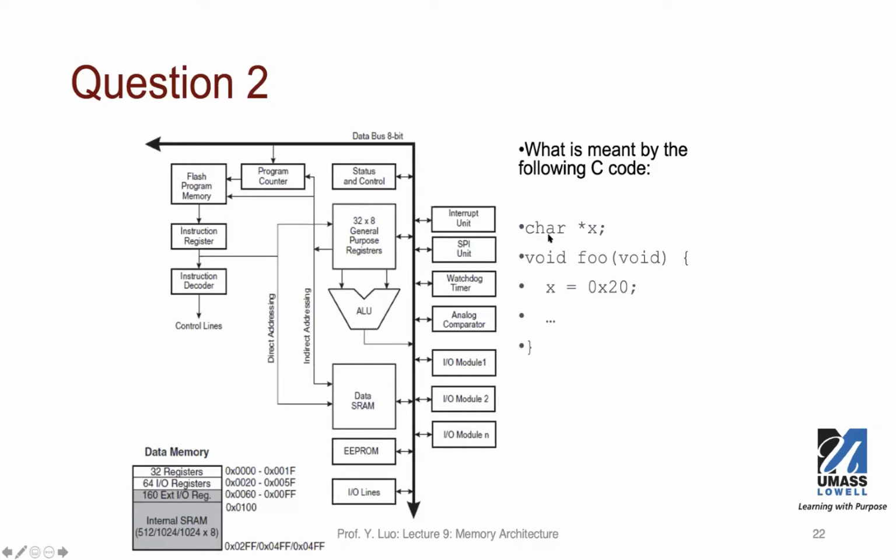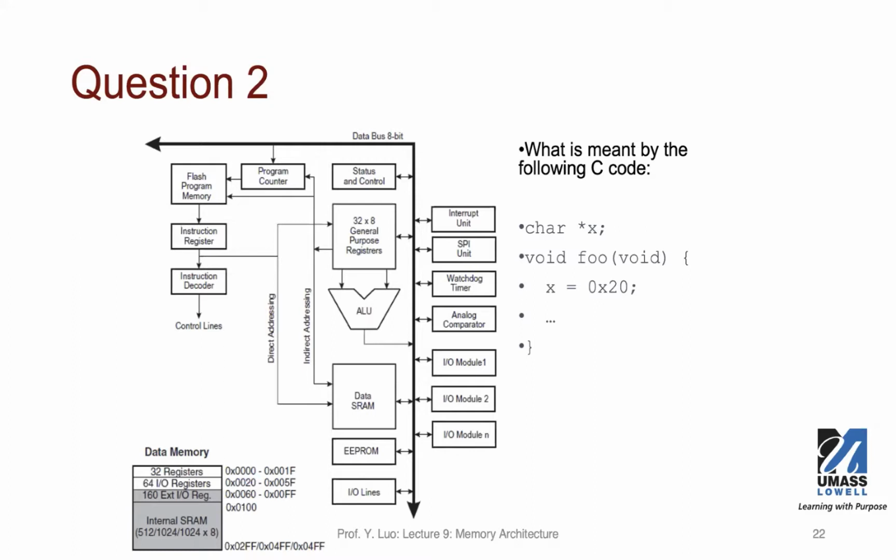So the first line here, char *x, in the C context, in C programs, this is where we declare x as an address that points to a variable of type character. So x itself is an address. And with this address, we can find a value that's of type character, that's a byte.